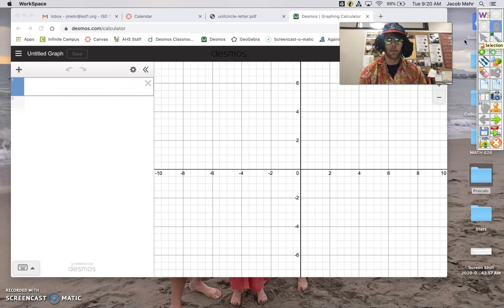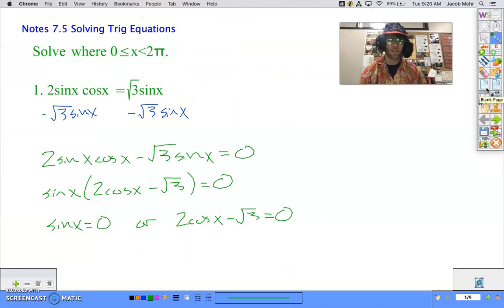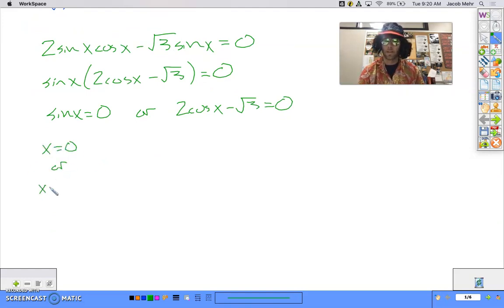And I've got our unit circle here. Where is the sine equal to 0? Sine is the y coordinates at 0 and pi. So we get two solutions there. We get x equals 0 or x equals pi.